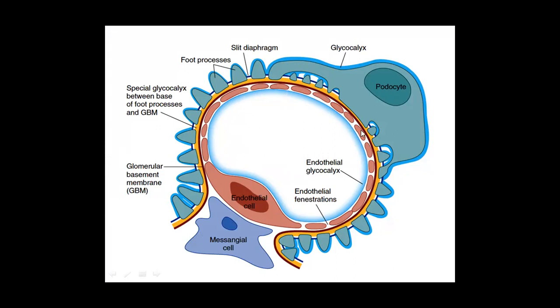So this is a single-layer capillary having pores or fenestrations. And these are the foot processes, and this is the slit between the foot processes, and as a whole, this is creating the filtration barrier.